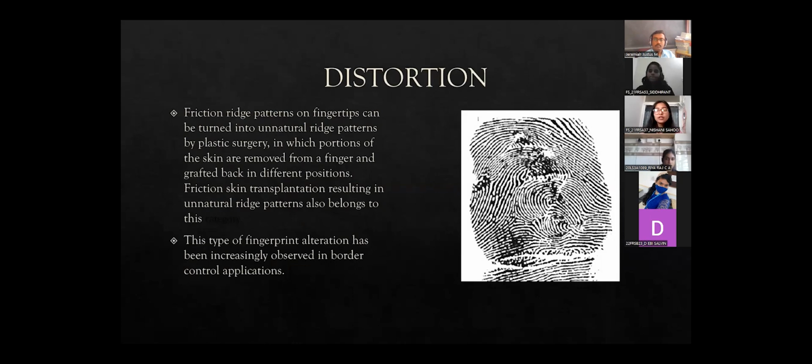This type of fingerprint alteration has been increasingly observed in border control applications, and since transplanted fingerprints can successfully evade existing fingerprint quality software, we need to enhance the software. Therefore, it is imperative to upgrade current fingerprint quality control software to detect this type of altered fingerprint.